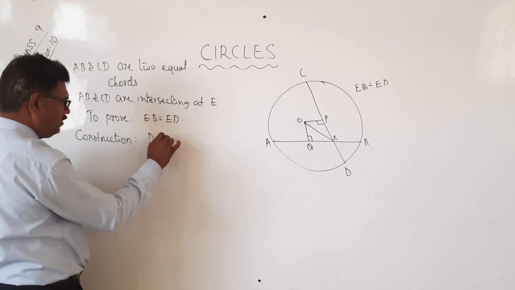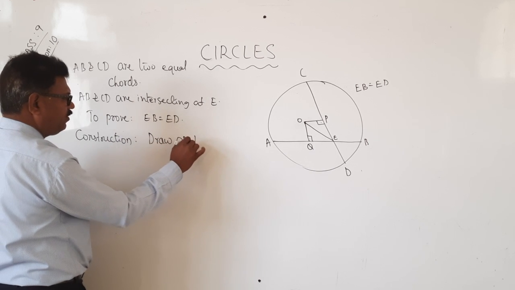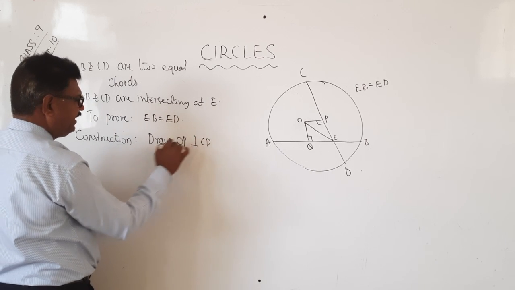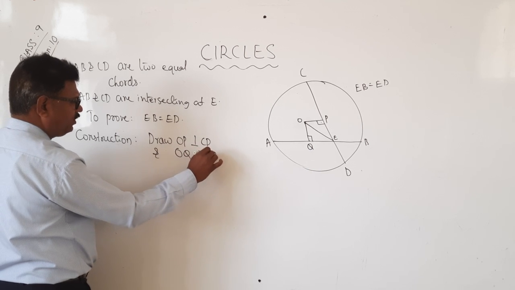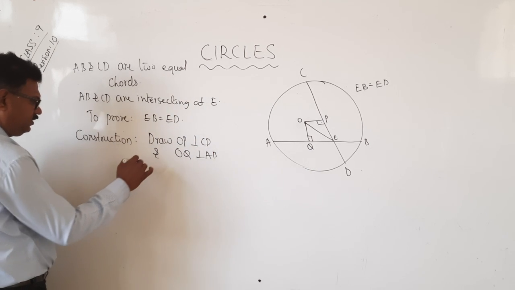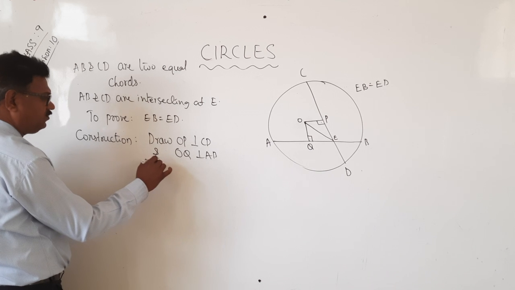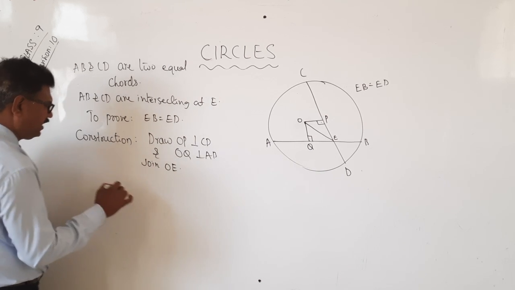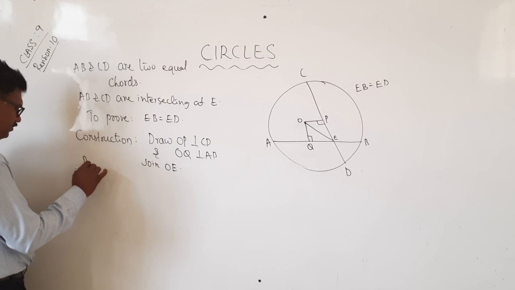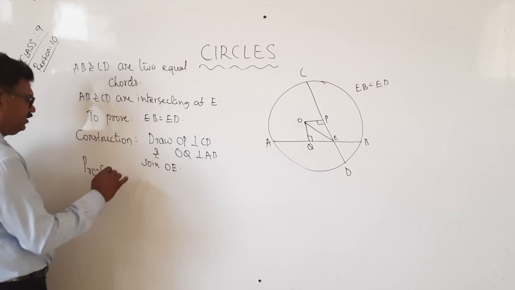Draw OP perpendicular to CD and OQ perpendicular to AB. Join OE. Okay na? Next proof. Very simple.